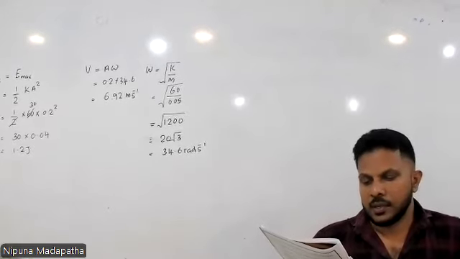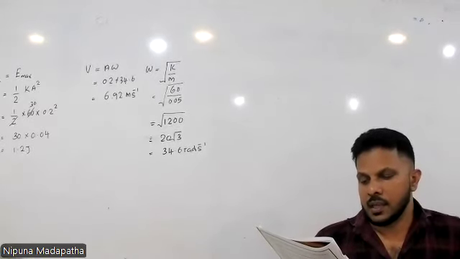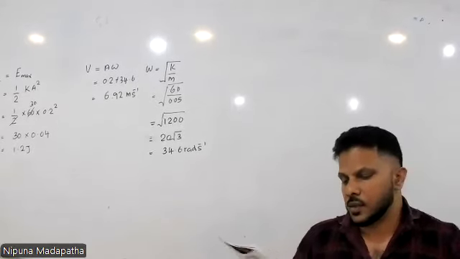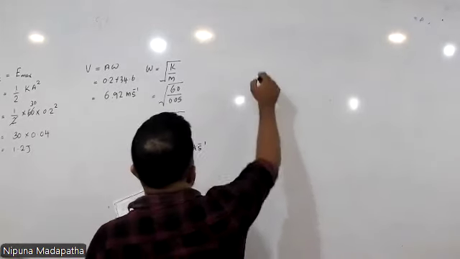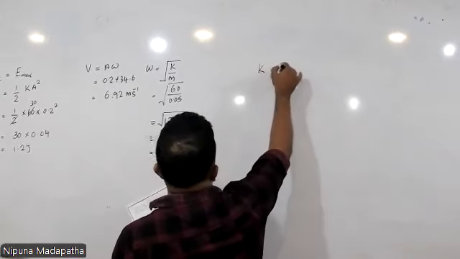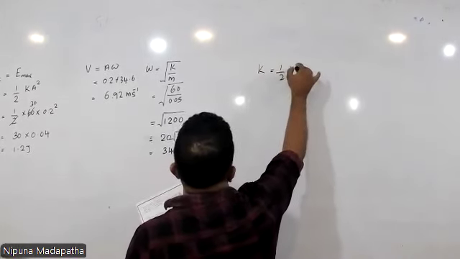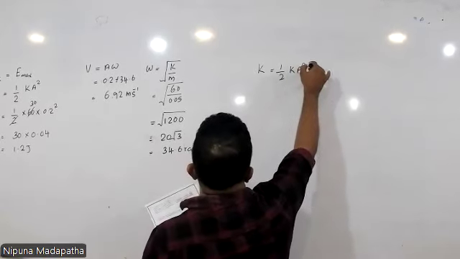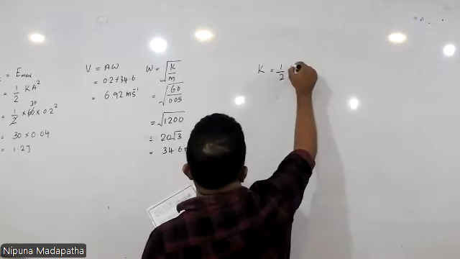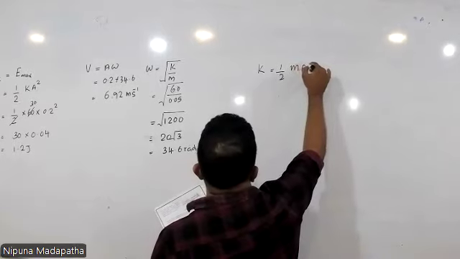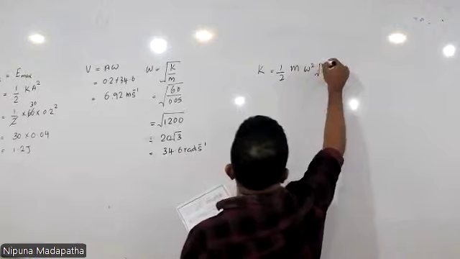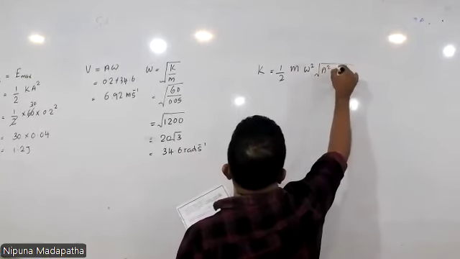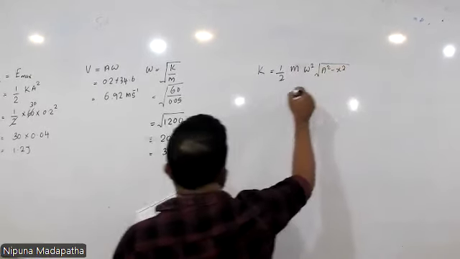Right, then find the kinetic energy and velocity at the moment when it has displaced 0.1 meters from the center of oscillation. So kinetic energy when it has displaced 0.1 meters is half m omega squared times (A squared minus x squared) is the expression.